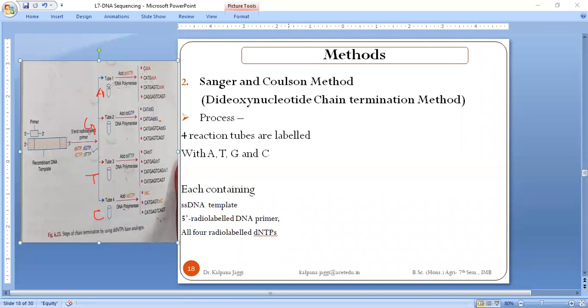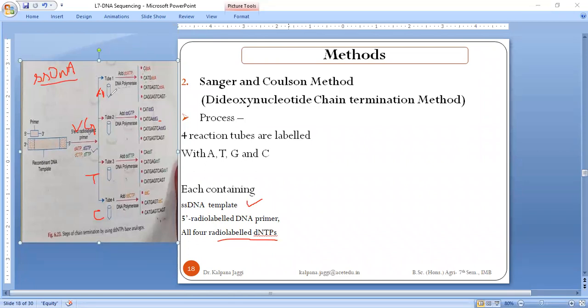Because we have to go for the synthesis of another strand of DNA, here we are going to have the template as a single stranded DNA only. In each tube we have added single stranded template DNA. Then we have added this primer, right? And of course we need dNTPs, because they are to attach in the opposite strand that is to be synthesized, right?